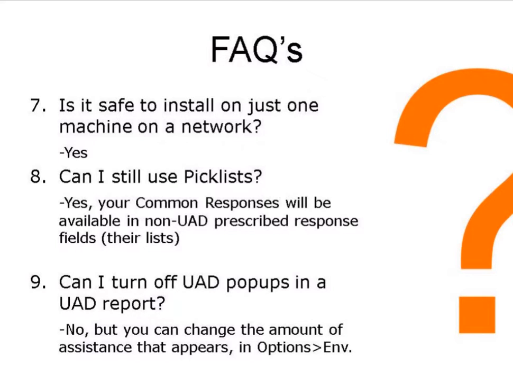What we'll be doing is in your options environment, you can change whether that window flies out automatically or not, so that basically you can have it slimmed down to just the bare bones UAD helper window.